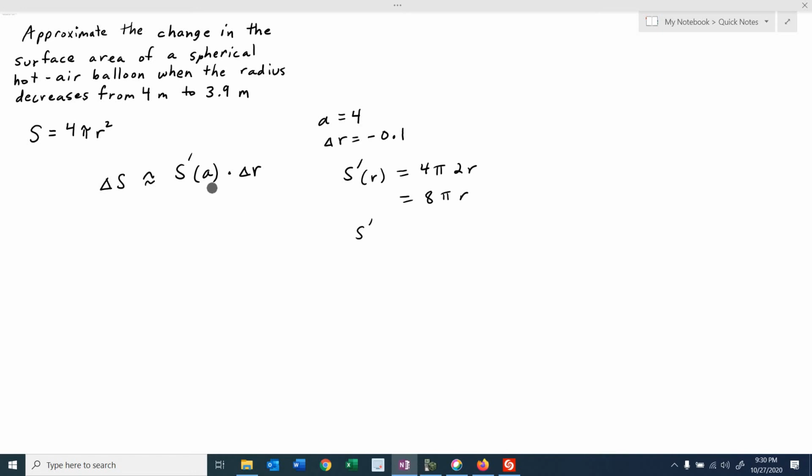Now we have to evaluate this at a, and here a is equal to 4. So we get 8 pi times 4, and that gives us 32 pi. Then we multiply that by the change in r, which is negative 0.1.